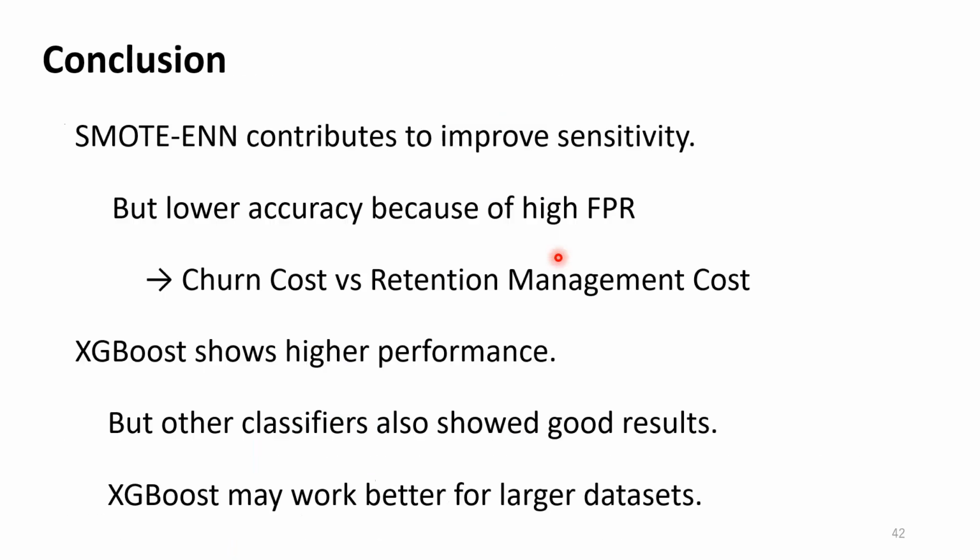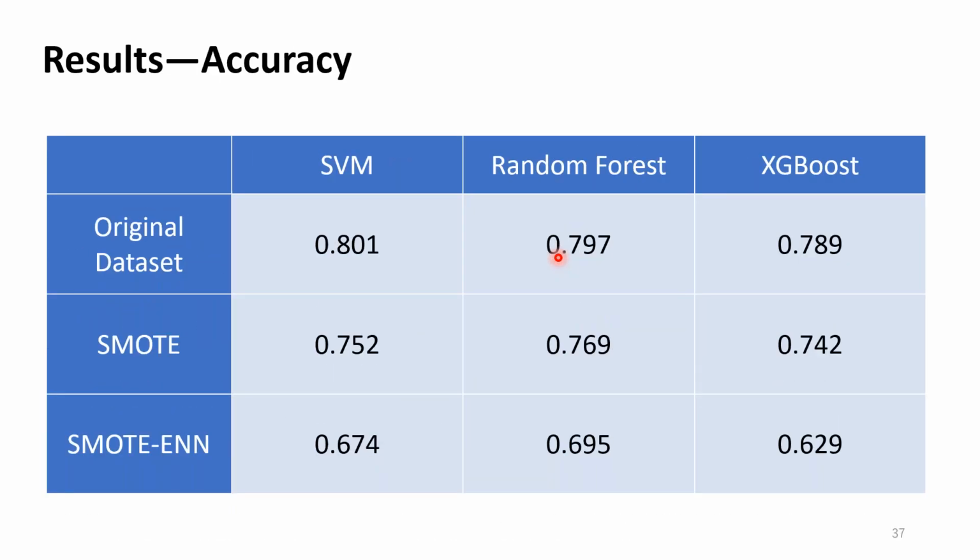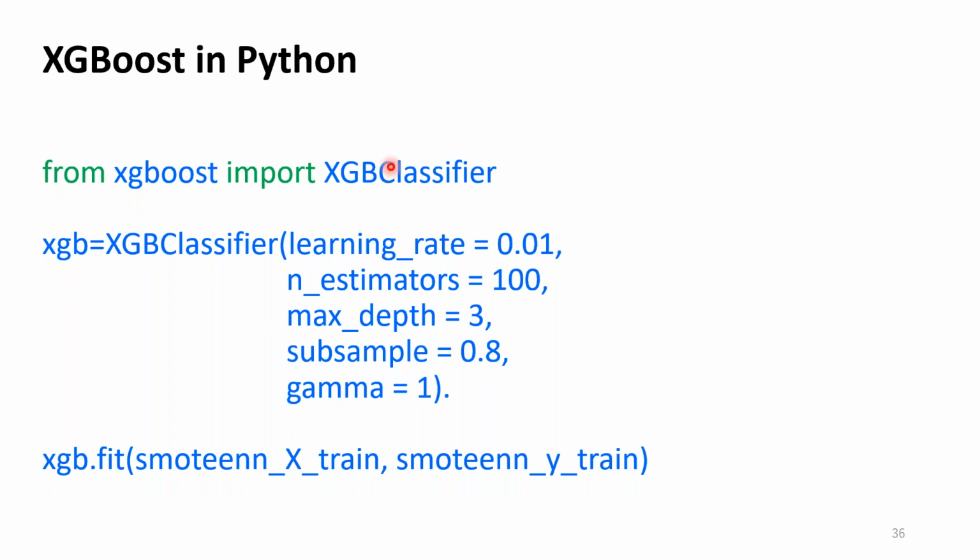In the case of the XGB classifier, we can use it without setting these hyperparameters. But when I use the XGB classifier without setting these parameters, the variance is very large, so the test set accuracy is very low.